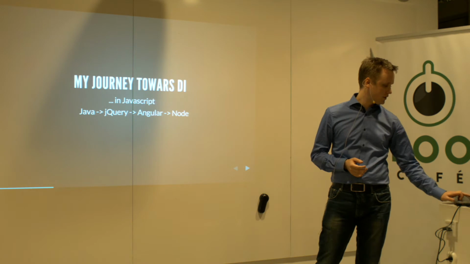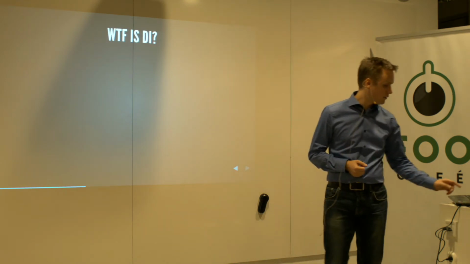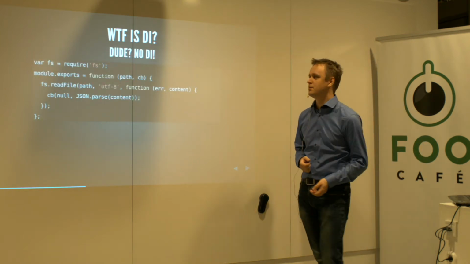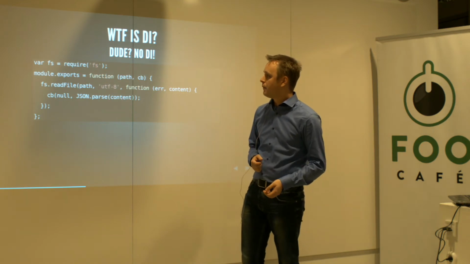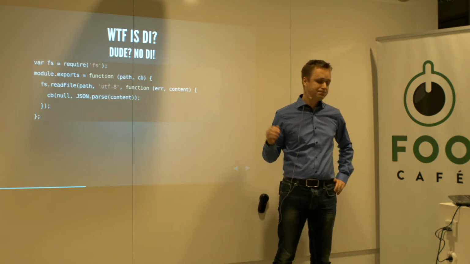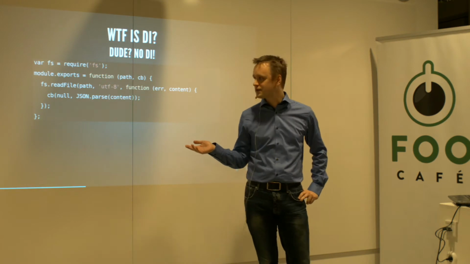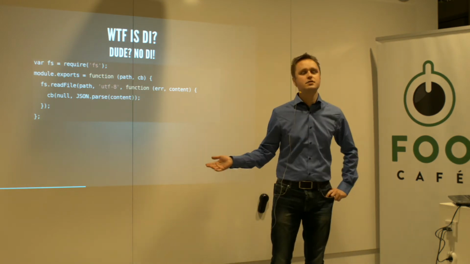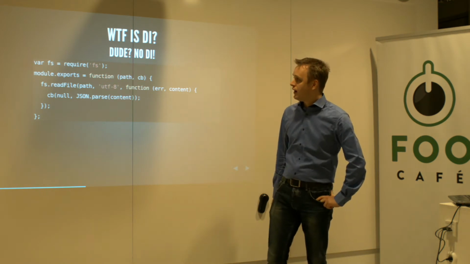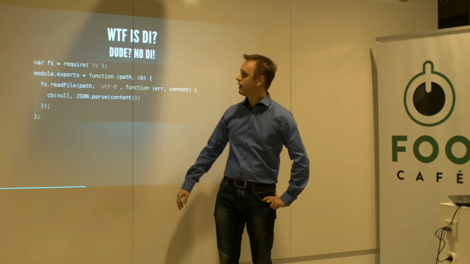But to the obvious question on everyone's mind, what is dependency injection? Let's look at an example of a module that does not have dependency injection. Let's say we want to build a module that reads a file, assumes that it is JSON content, and then parses that JSON content to return an object. So we do it the normal Node.js way. We require the file system.